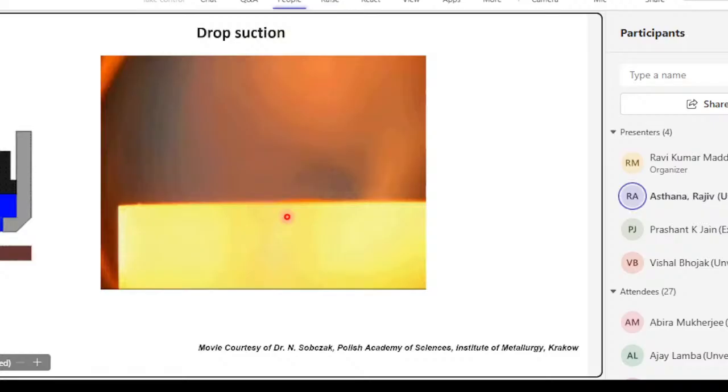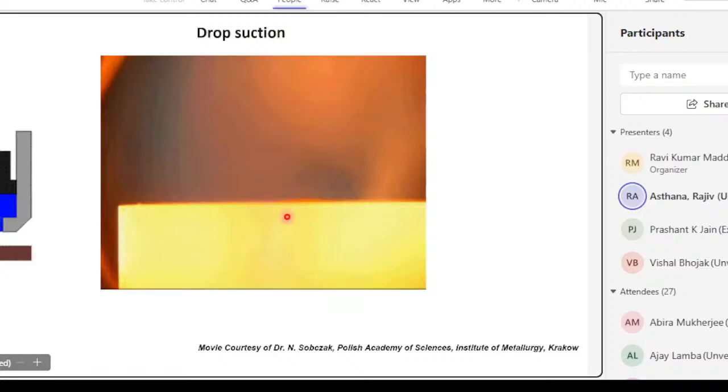Another example here is how aluminum reacts with quartz. You can see this reaction zone developing. What we did was we had this aluminum solid piece, and this is the quartz plate. Silica or quartz is transparent, so you can see from the other side how the chemical reactions are taking place.